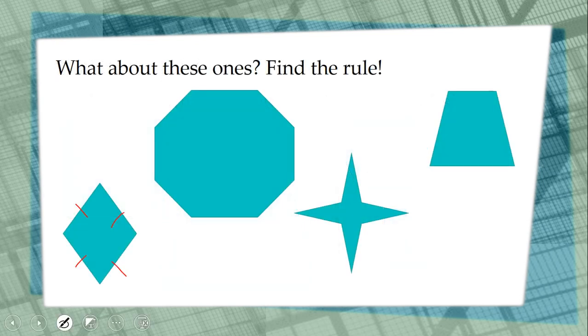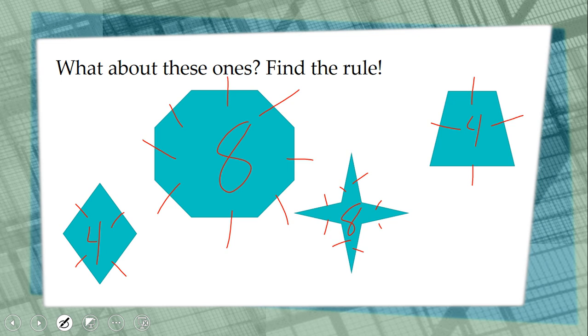Let's try this one, okay? So 1, 2, 3, 4. That has 4 sides. 1, 2, 3, 4, 5, 6, 7, 8. 1, 2, 3, 4. 1, 2, 3, 4, 5, 6, 7, 8. What do you think the rule is going to be for these shapes? I have 2 that are 8 sides and 2 that are 4 sides.